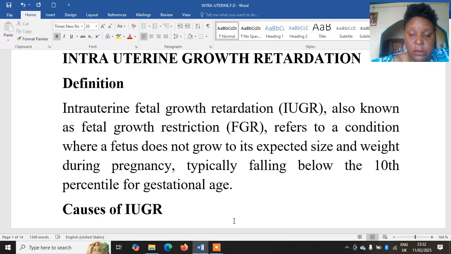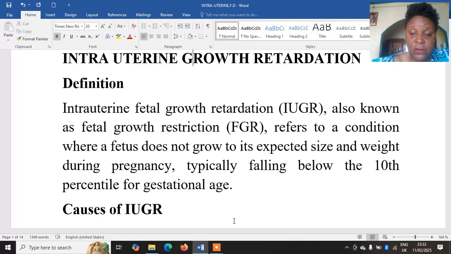Yes, today I want to talk about a term called intrauterine growth retardation, which all of us have ever heard about, or it is abbreviated as IUGR.